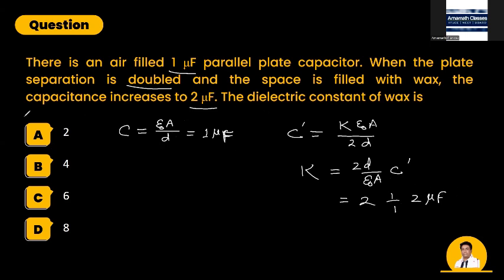So that will be getting cancelled, and K is 2 times 2, which is 4. So out of the 4 options, B is correct. The dielectric constant of the wax will be 4 only, okay? I hope you have also got it. Yeah, you are also correct. Nice.